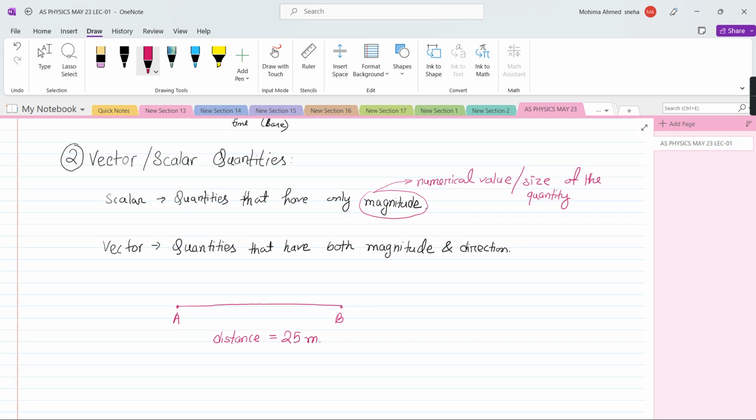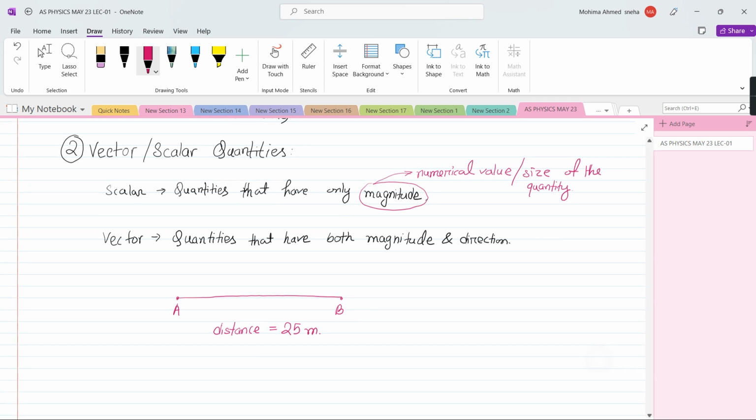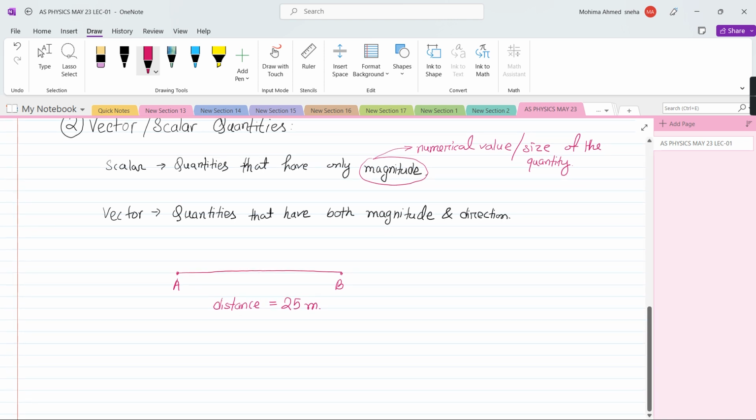Now here it has only two things: a numerical value, and meter is its unit. Regardless of the category a quantity is placed into, every quantity will always have its own specific unit, whether it is a scalar quantity, vector quantity, derived quantity or base quantity. Every quantity will have its own unit.